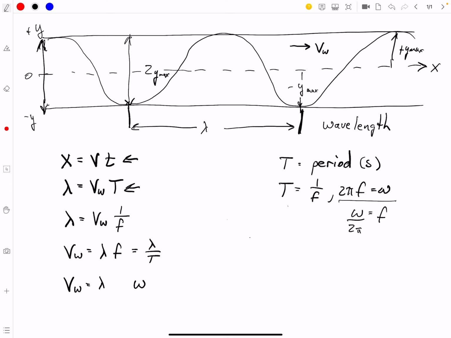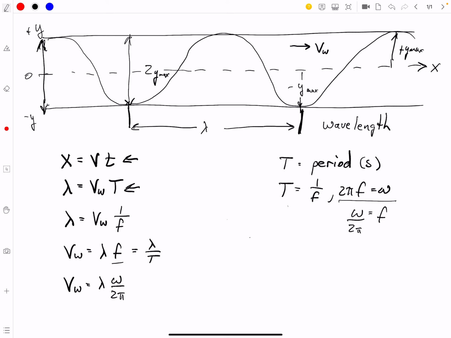So here I'm inserting the frequency. I have to do omega over 2 pi. And that makes more sense.